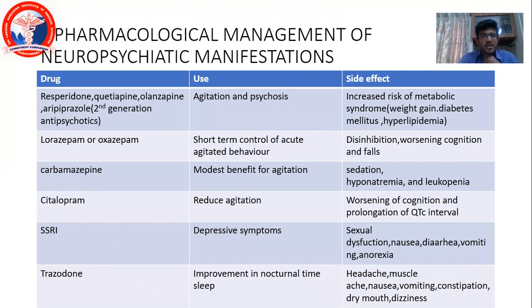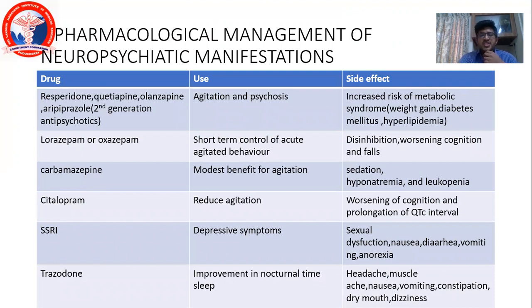For pharmacological management of the neuropsychiatric manifestations, more commonly we use atypical antipsychotics like risperidone, quetiapine, olanzapine, and aripiprazole. It is mainly used for agitation and psychosis. As we all know, the major side effects include the increased risk of metabolic syndrome, weight gain, diabetes mellitus, hyperlipidemia, etc. For short-term control of acute behavior, we can use short-acting benzodiazepines like lorazepam or oxazepam.